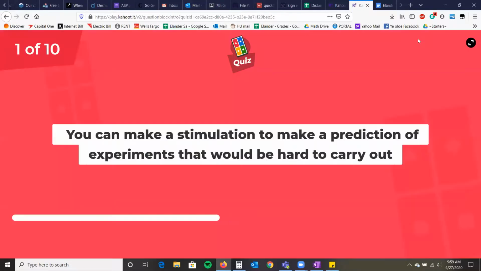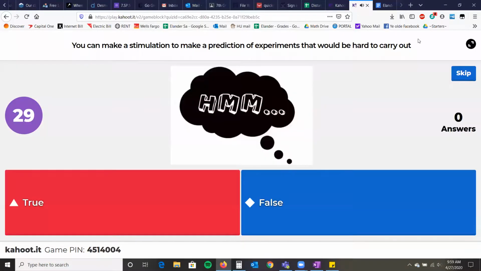You can make a simulation to make a prediction of experiments that would be hard to carry out. So can you make a simulation? Can you make like a fake version of something to make predictions of experiments? Kind of a weirdly worded question.